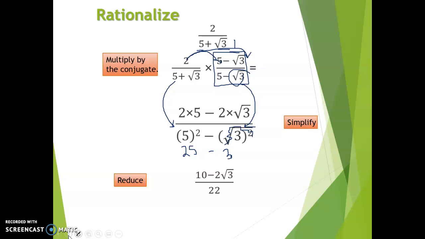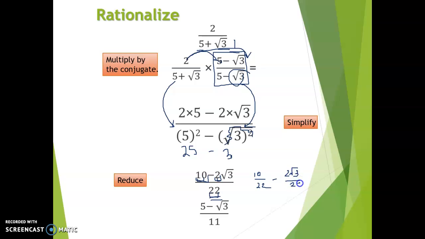We then can reduce because this has a common factor with 22 and this has a common factor with 22. So basically, all of these can be divided by 2. Another way we can do that is split that into 2 fractions. 10 over 22 minus 2 root 3 over 22.